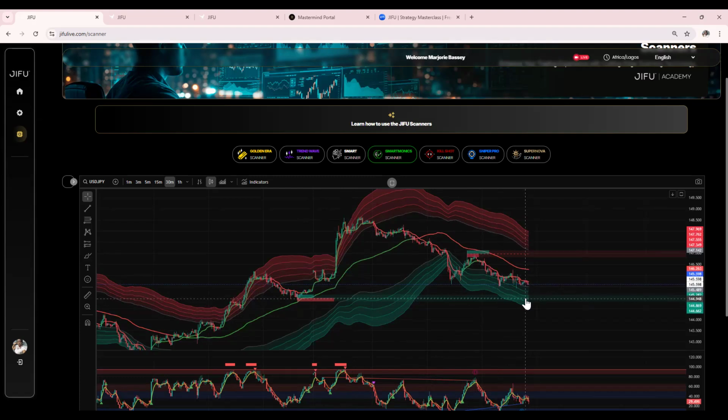When we say liquidity in the market, it's simply orders, positions that people have taken in the market. When the market moves, sometimes it has to come back and pick certain orders that it did not pick.